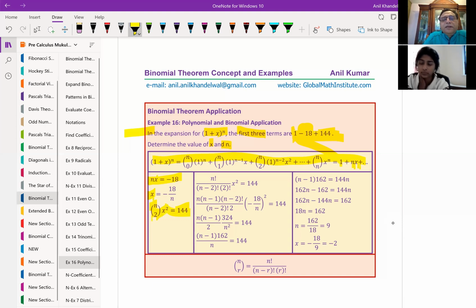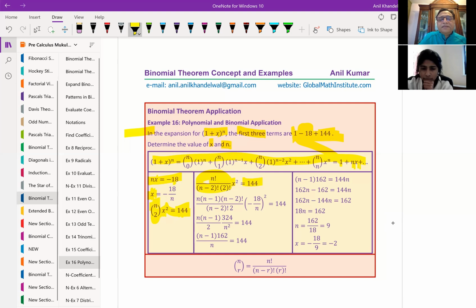You can actually isolate x from the first and then substitute in the second. In that case, you have one equation in just n, solve for n. So this is more or less an exercise on solving the factorial related terms, right? So n factorial over n minus 2 factorial over 2 factorial times x squared is 144. NC2 is what this all is.